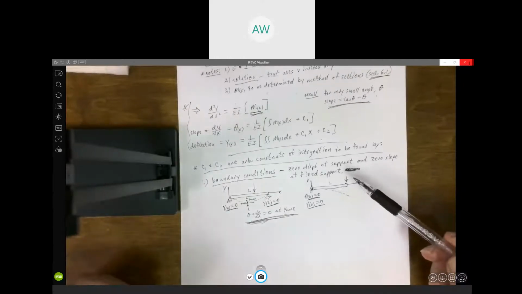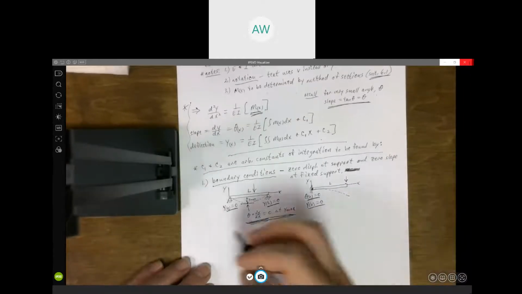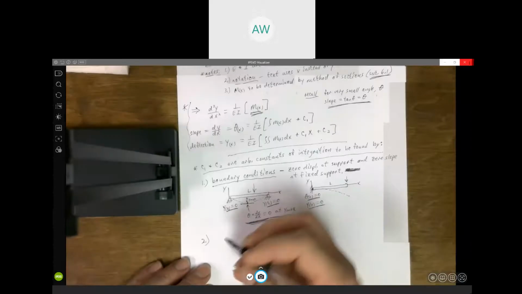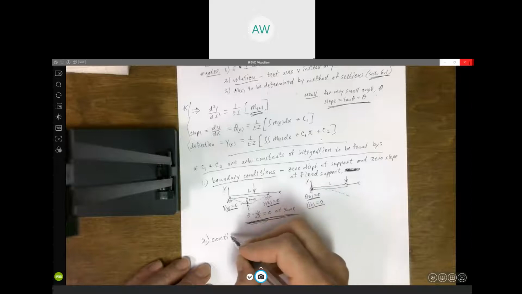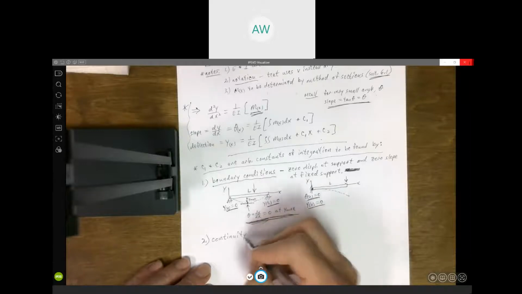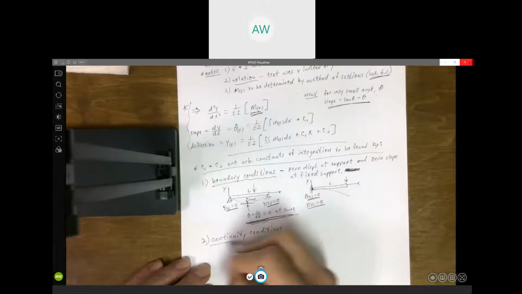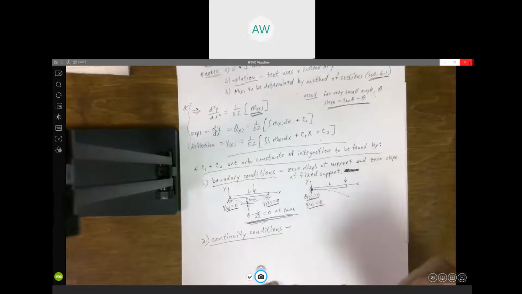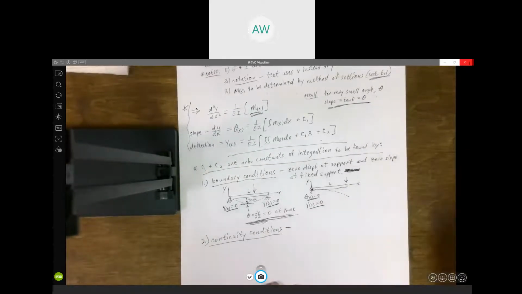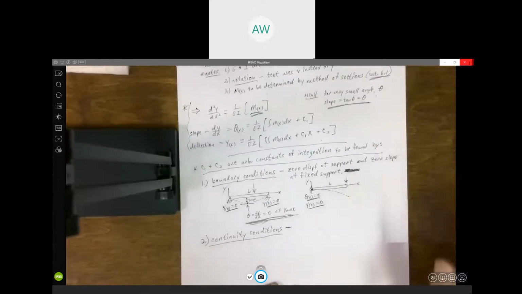But now sometimes this is not going to be enough. We're not going to always be able to determine all of our constants just from boundary conditions. So occasionally we also have to employ what the book refers to as continuity conditions. Basically, it's saying this is one continuous beam, and remember, if the load changes, we have to cut it again and we get separate equations.